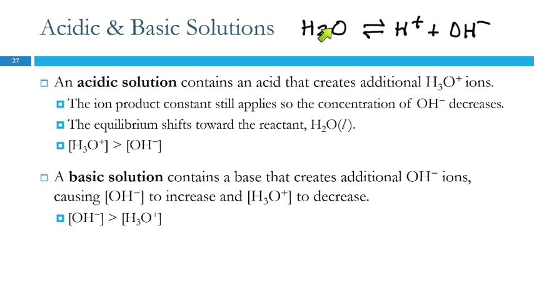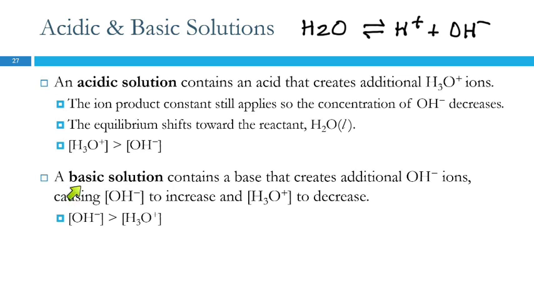When it shifts to the left to decrease this acid content, it also decreases hydroxide ion concentration. And it shifts in a way that the ion product still applies. So after it's shifted, H plus times OH minus still equals 1 times 10 to the minus 14. But now one is bigger than the other, they're not equal.